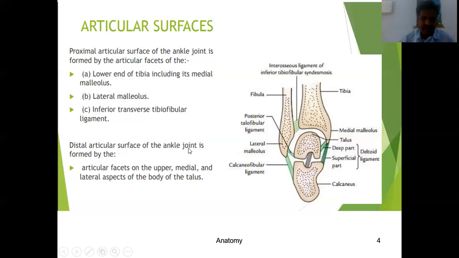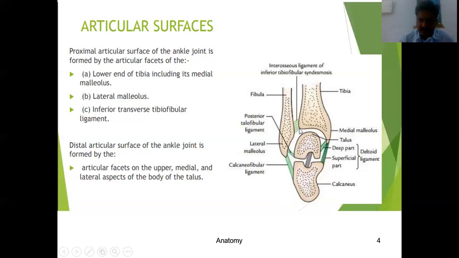The distal articular surface of the ankle joint is formed by the articular facets on the upper, medial, and lateral aspects of the body of the talus. So this is the body of the talus: the upper part, the medial surface, the lateral surface. So thereby you can see how the mortise is placed.